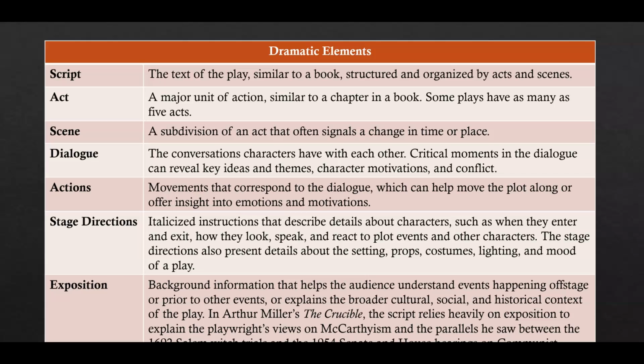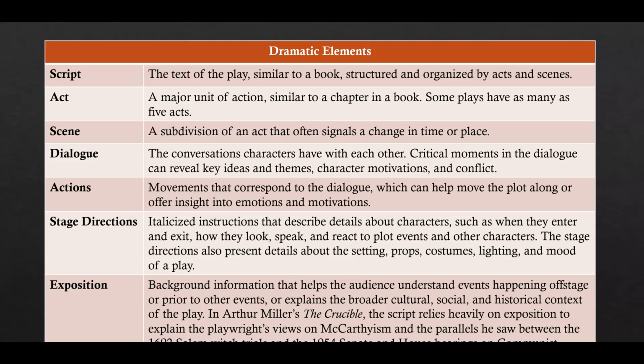A scene is a subdivision of an act that often signals a change in time or place. So for example, in one act, you might have 3, 4, even 5 different scenes that might exist in different places or might be slightly different in topic.